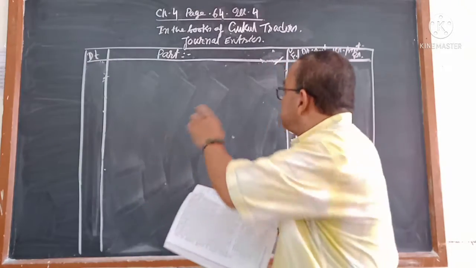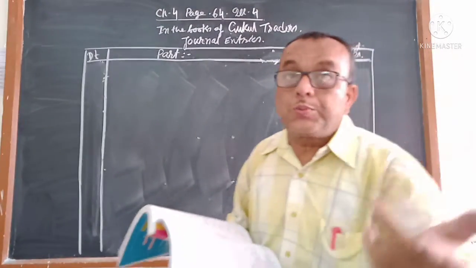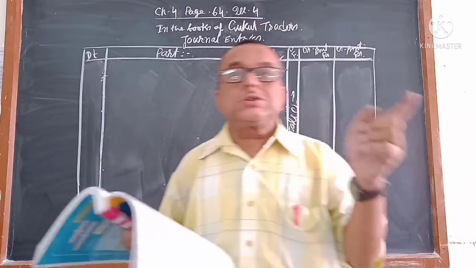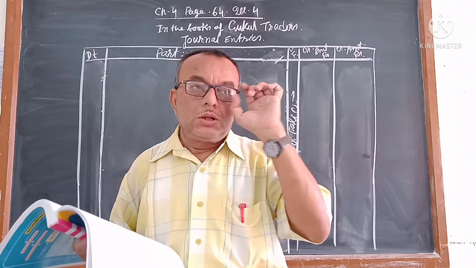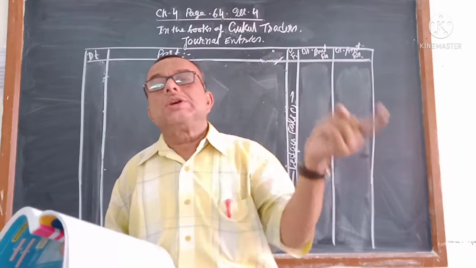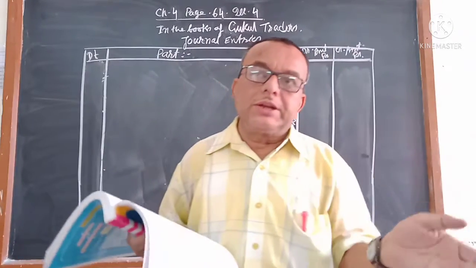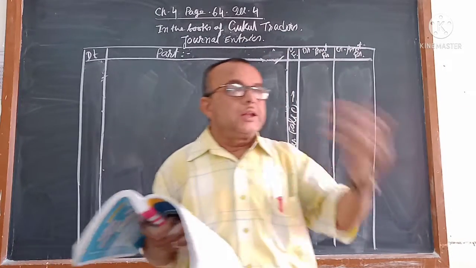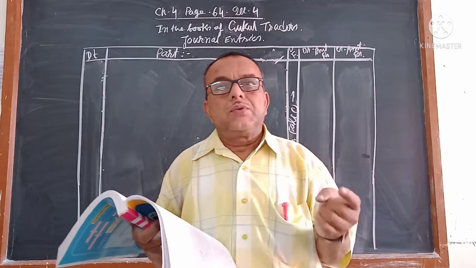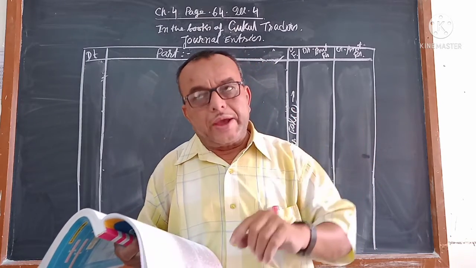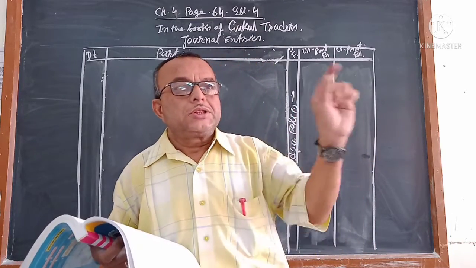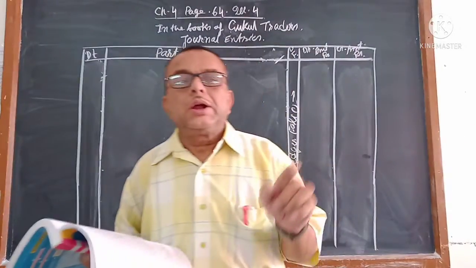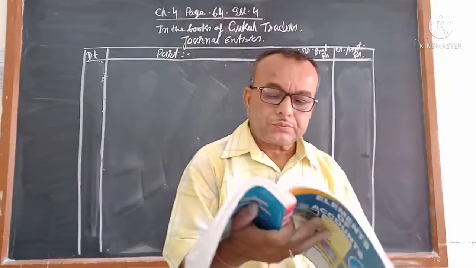Goods costing rupees 1000 were sold for rupees 1200 after adding 20% profit. 20% of 1000 is equal to 200. This means goods of 1000 sold for 1200, that is a credit transaction, Chandni account debit to sales, and for Chandni you made a payment of 50 rupees, for that Chandni account debit to cash. So your journal is coming, Chandni account debit 1250, to sales 1200 and to cash of ₹50.